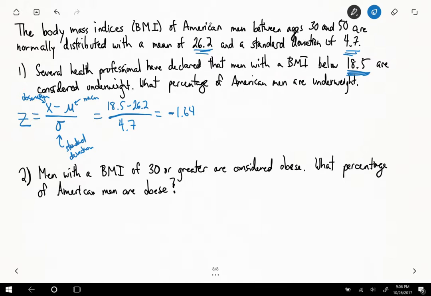So what does this mean? First off, a normal distribution is a bell curve, right? And in the standard normal distribution, which is what the z-score is doing, you have all these little values, and right smack dab in the middle is 0.